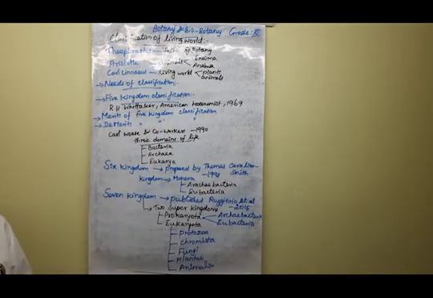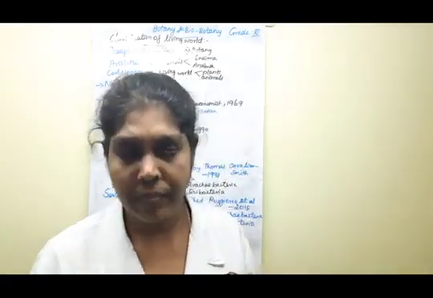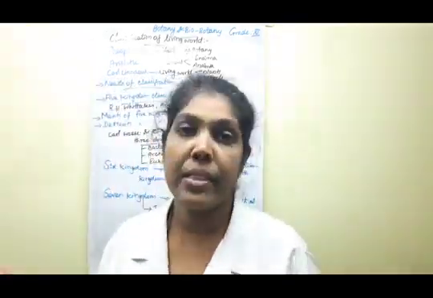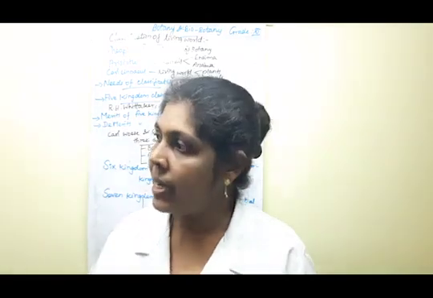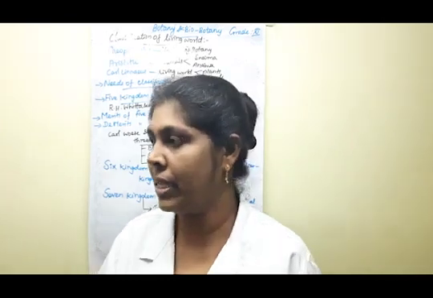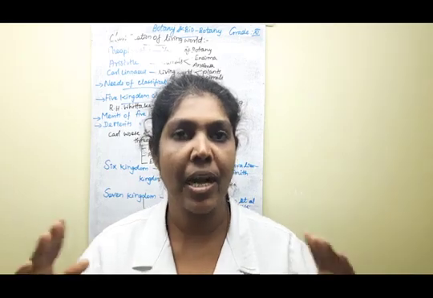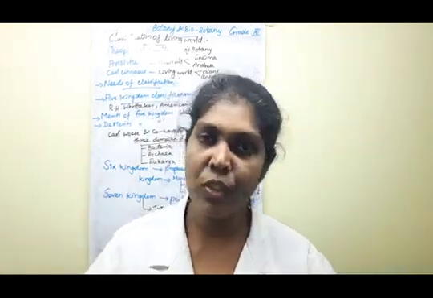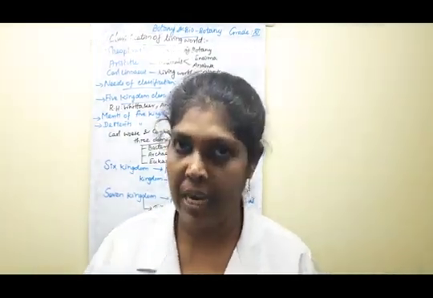First of all, the merits: they divided organisms based on the complexity of cell structure, then on thallus organization, that is body structure, and then on the mode of nutrition, arranging the living organisms into separate kingdoms. This is one of the main advantages and merits of this system of classification.